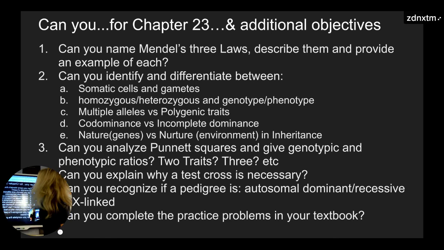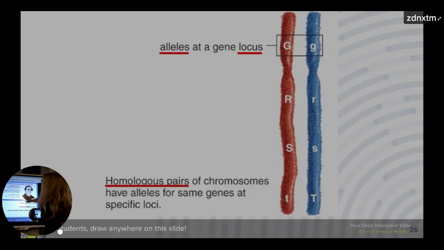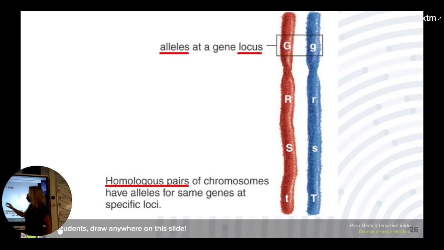Okay, so here for support, just so you know, this talks about the 3 laws. Say help if you need me to go over anything you see, okay? This, I want to remind you, these are your alleles. This would be what? Homozygous or heterozygous? And when you see this right here, is that a genotype or a phenotype?